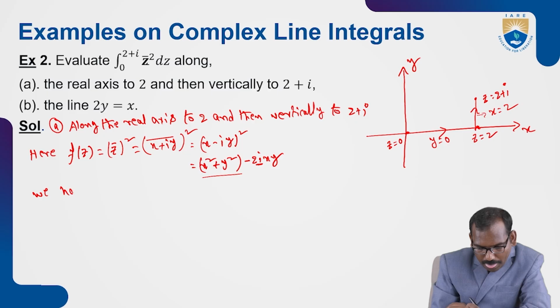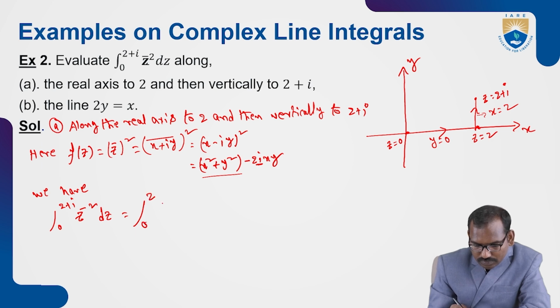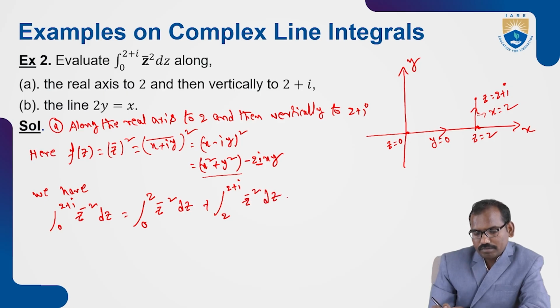We have integration from 0 to 2 plus i of z bar square dz, which can be written as integration from 0 to 2 of z bar square dz plus integration from 2 to 2 plus i of z bar square dz. Okay, now I'm going to evaluate the first integral.